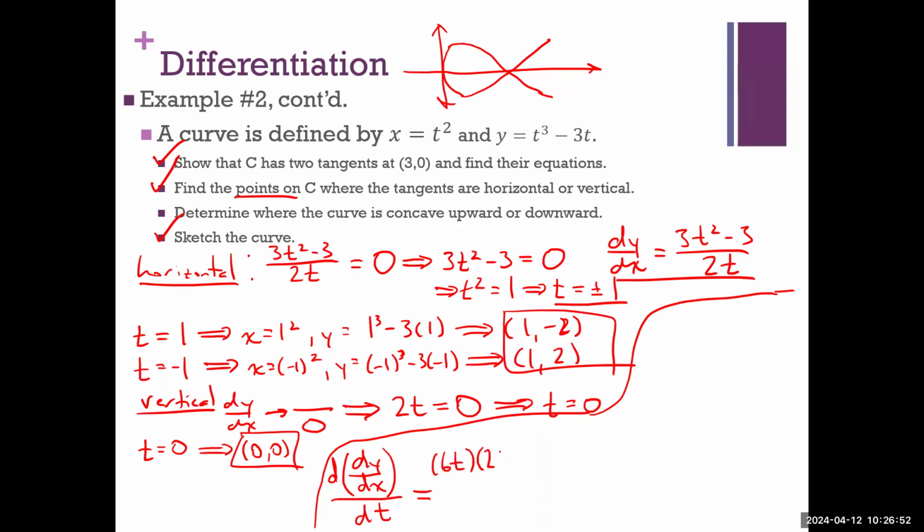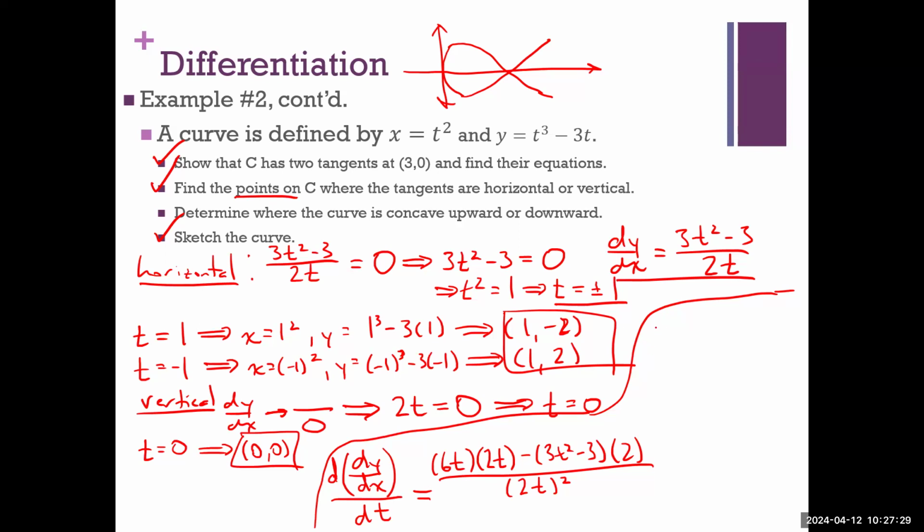So derivative of the numerator times the denominator intact, over the denominator squared. So this right here is basically the derivative of dy dx with respect to t. So we've done, in essence, the outside step of the chain rule.